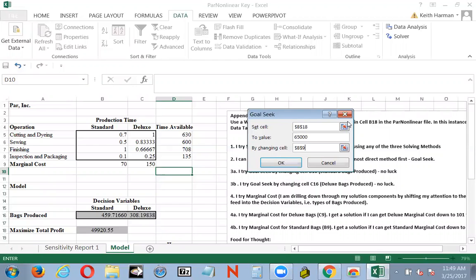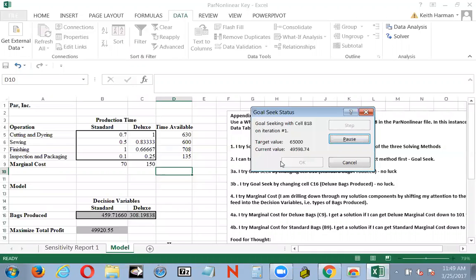And so when we're doing the marginal cost, we're talking about the marginal cost per unit. That means we're going to have to go back in and look at the cost there. If the fixed costs are what they are, that means we have to reduce the variable costs. Now, here we are, and we'll click OK. Let's see what happens.